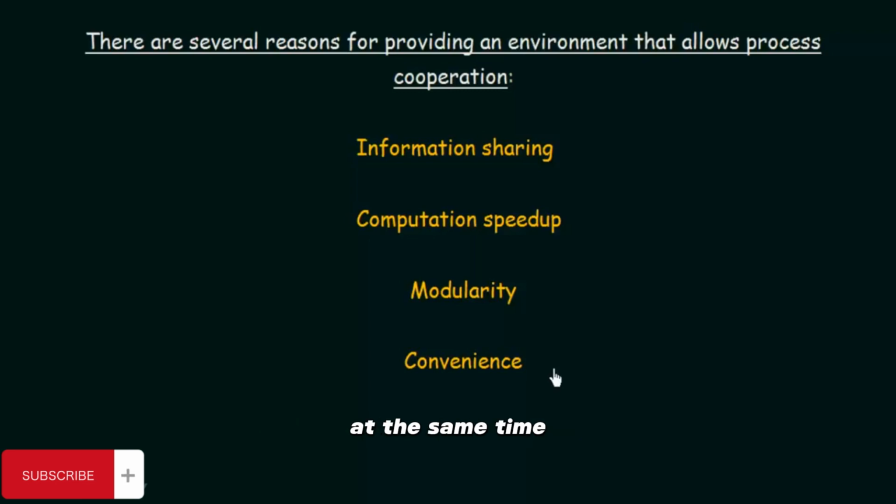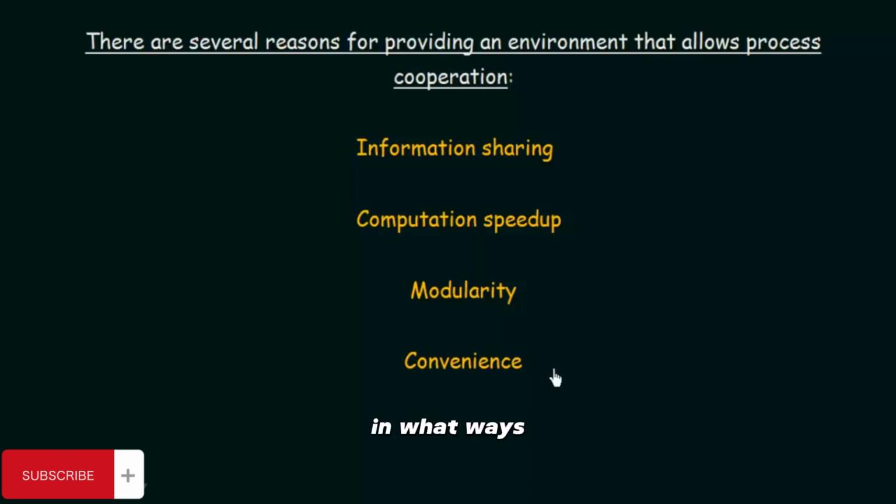So there are different processes running concurrently, and they need to cooperate with each other so that all the tasks can run smoothly without clashing with each other. So convenience is another reason why we need to provide an environment that allows process cooperation.